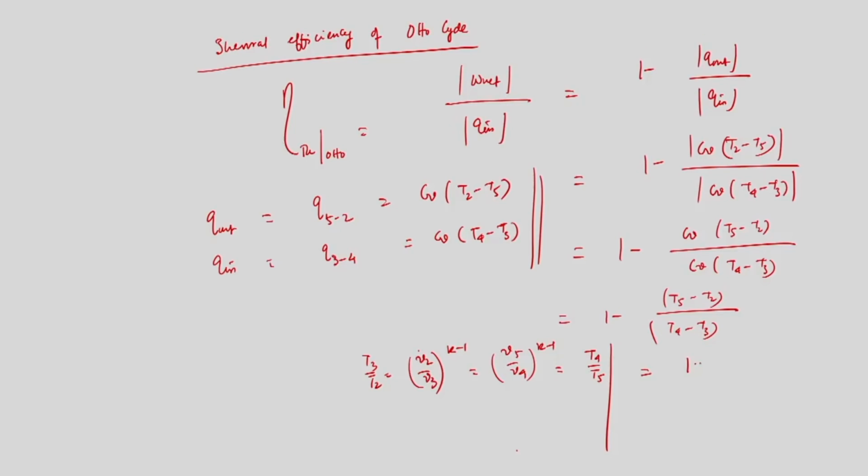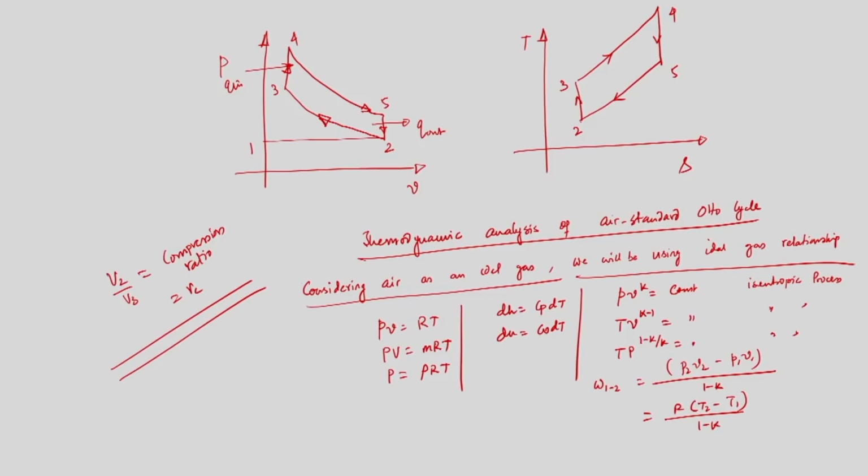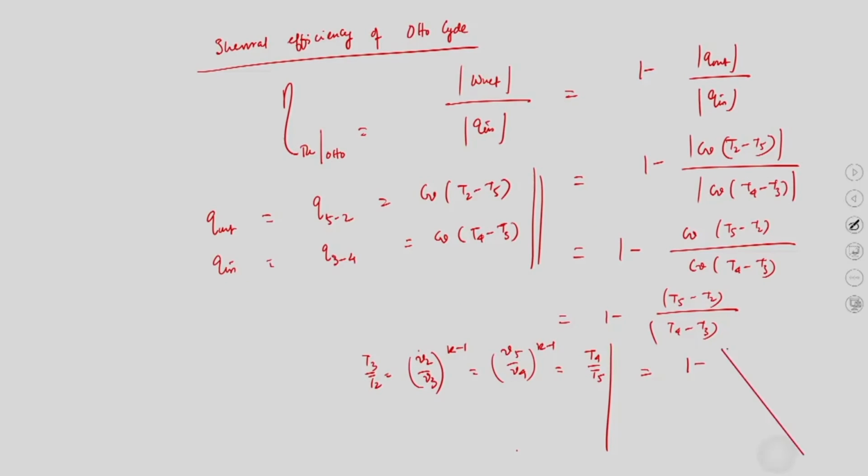Now if I rearrange, going one step further from the expression of eta thermal, we can write 1 minus T2 by T3 into T5 by T2 minus 1 divided by T4 by T3 minus 1.